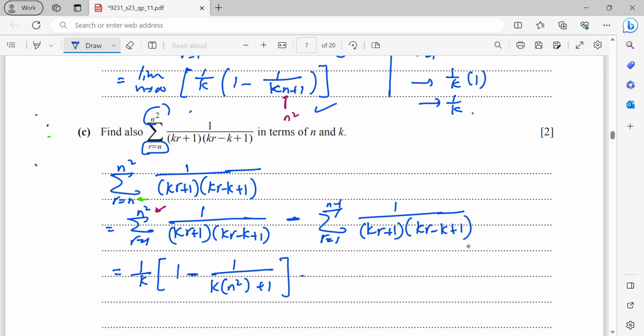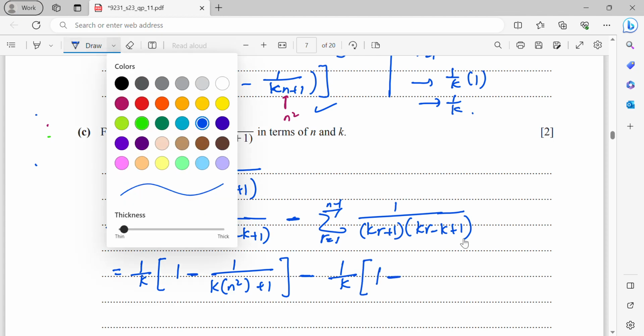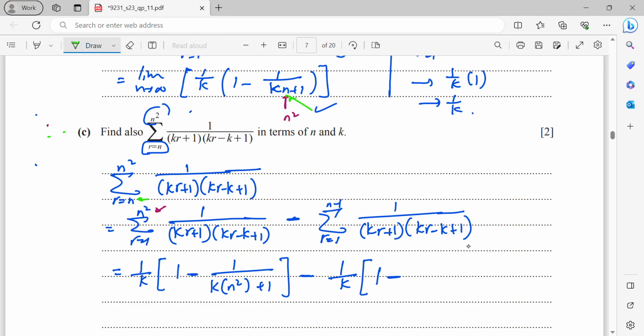That is the first sum, minus the second sum, 1 over k times 1 minus. Replace the n by n minus 1 because the highest r is n minus 1 right now. So I will get 1 over k bracket n minus 1 plus 1.